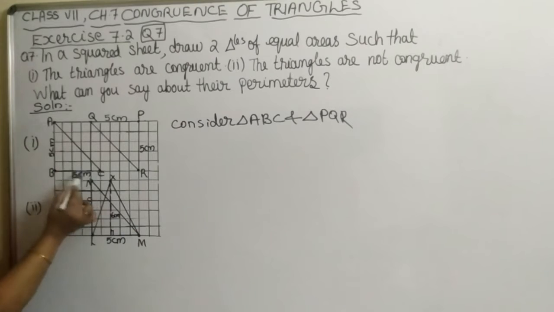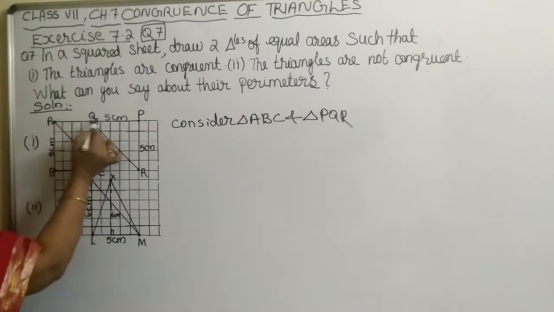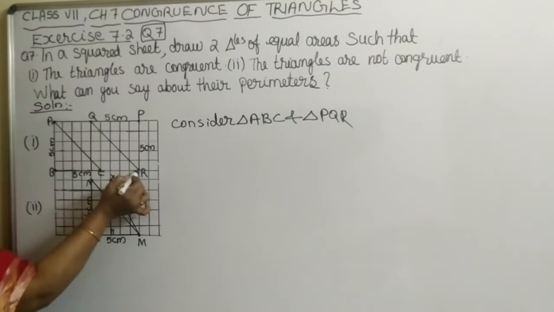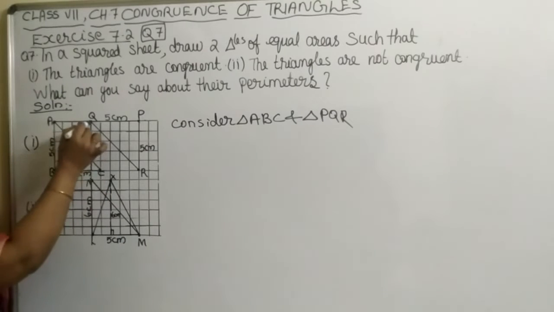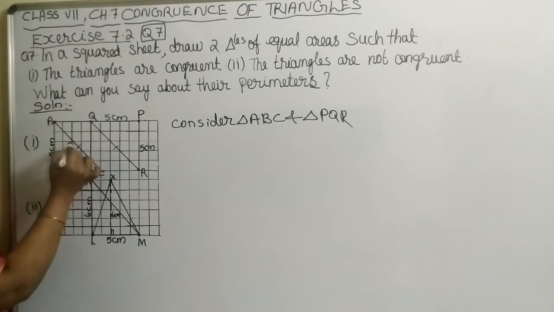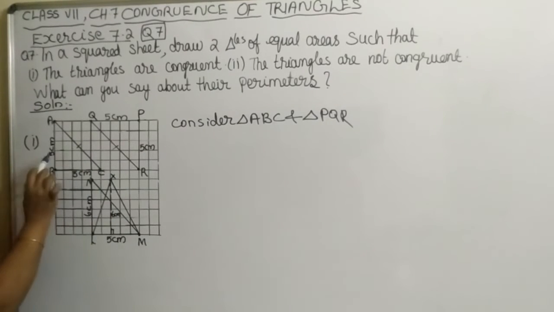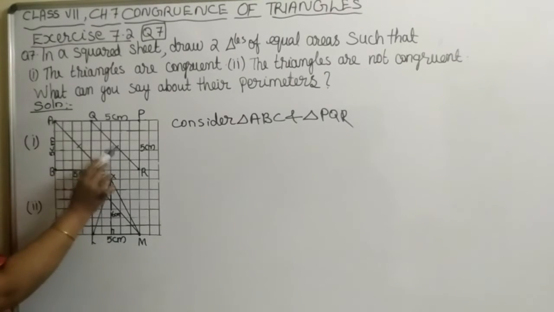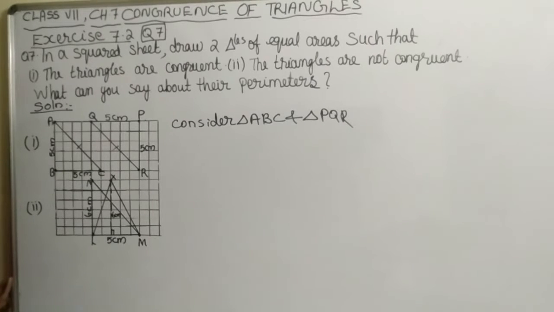See here, base BC is 5 centimeter and AB is also 5 centimeter. And here base PQ is 5 centimeter and PR equal to 5 centimeter. And side AC is the same as side QR. So these two triangles, the three sides of triangle ABC are the same as the three sides of triangle PQR. Hence these two triangles are congruent by SSS congruence criteria.